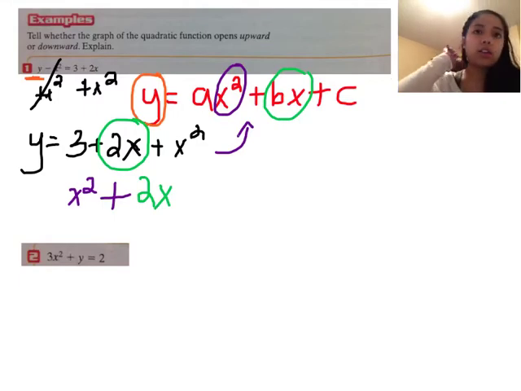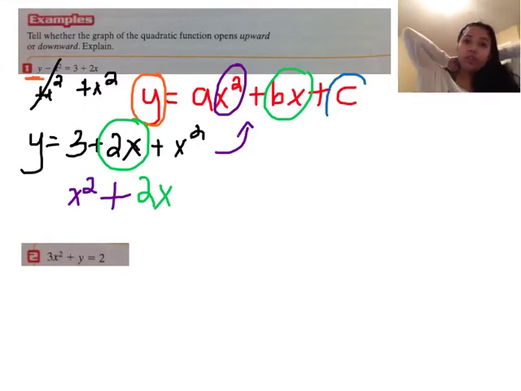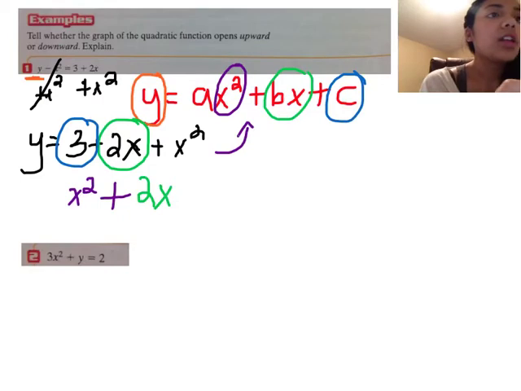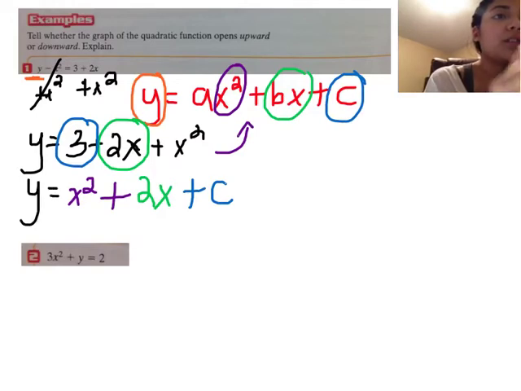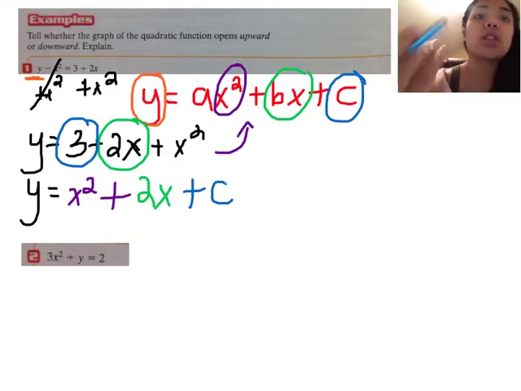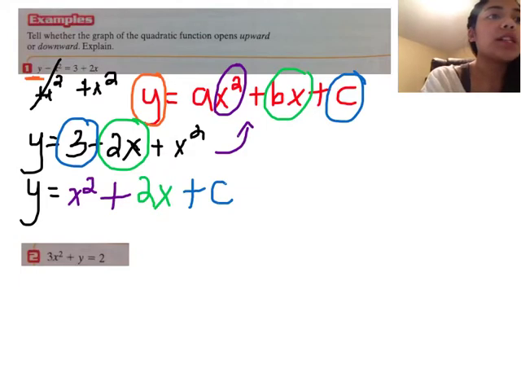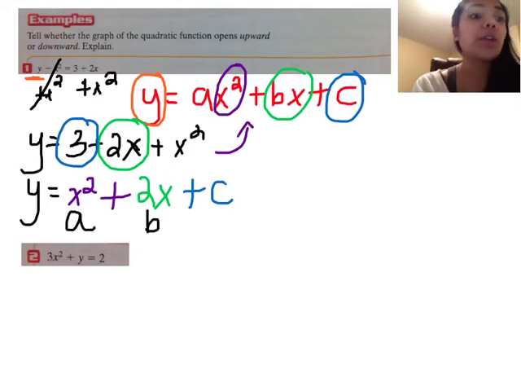So now I have everything on one side and y on the other. Now I need to make sure that it's in the correct order. I have my x squared first, so I need to have my x squared first. This is all positive, so I don't need to worry about negatives. If there was a minus in there, I'd be more cautious of the order that I move it in, because I need to make sure the minuses or the negatives go with it. So since these are all positive, I can simply rearrange it.